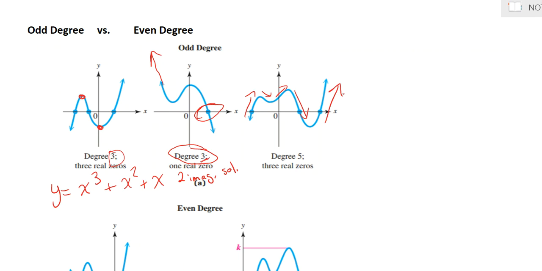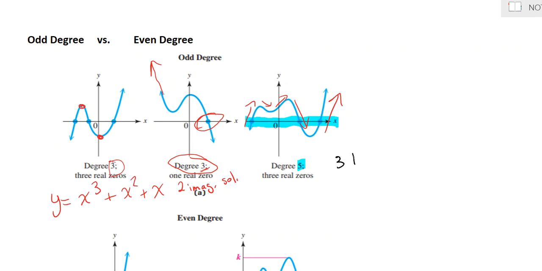Again, a degree of 5 doesn't have to have that many, but it will have at most 5. You can see with this one in particular that the graph only hits 3 times. But again, the degree was 5. So if there are 3 real, there need to be 2 imaginary so that it has a total of 5 degrees.